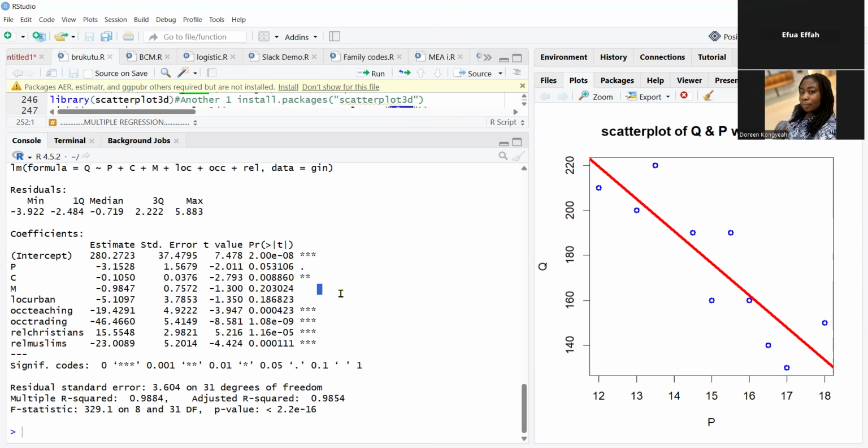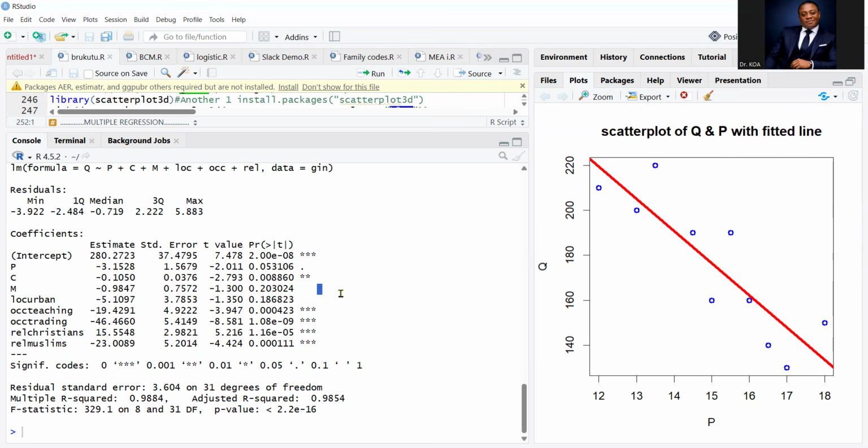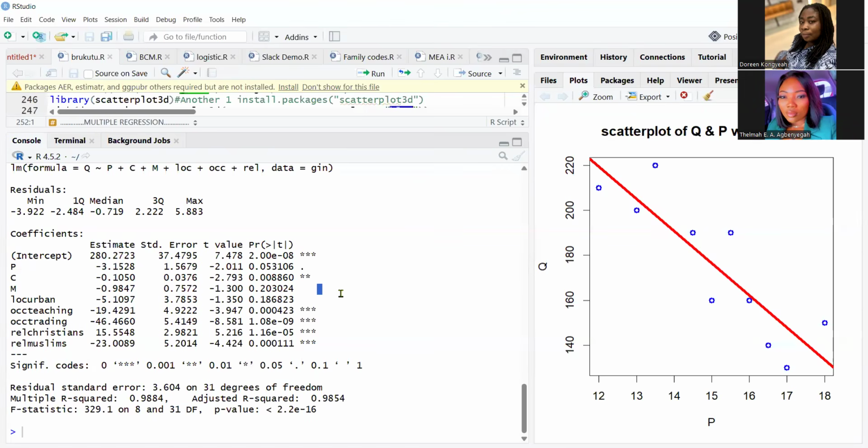Perfect. Org trading. Doreen. Org trading is significant because the p-value of 0.0080 is less than 0.05. Good.